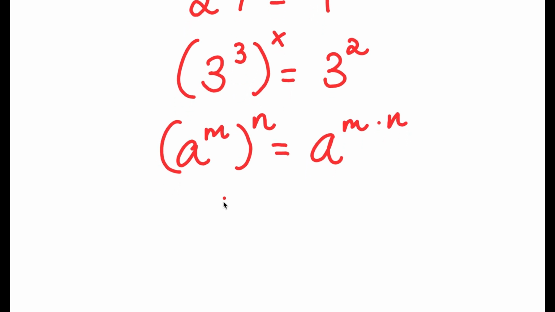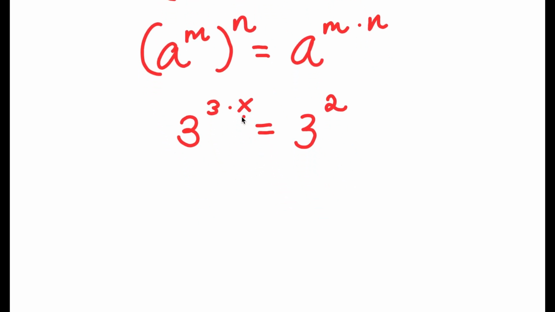So 3 to the power of 3 to the power of x is going to equal 3 to the power of 3 times x, which is equal to 3 to the power of 2. And 3 times x is equal to 3x. So I have 3 to the power of 3x is equal to 3 to the power of 2.